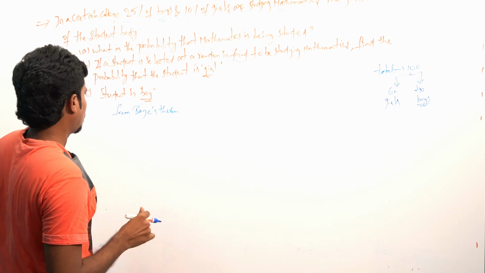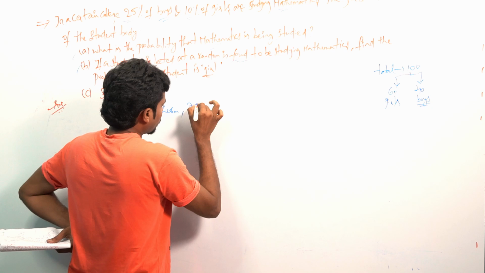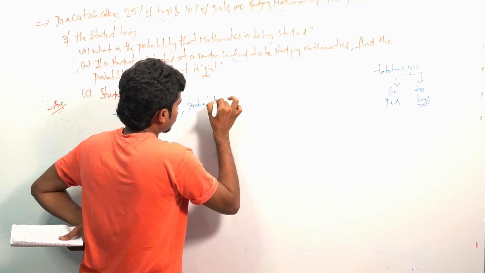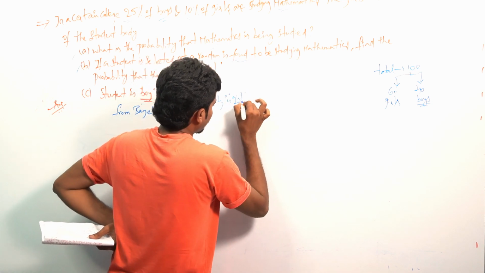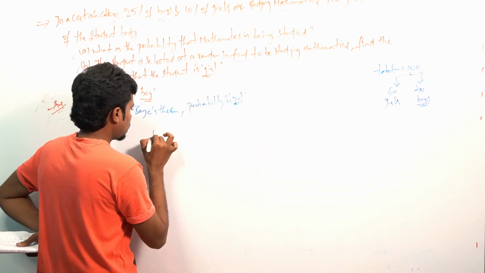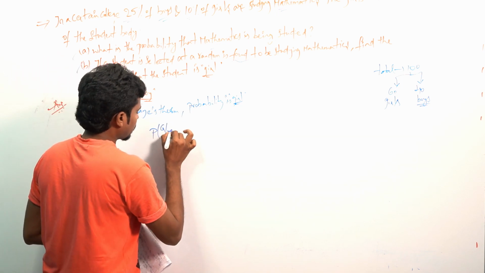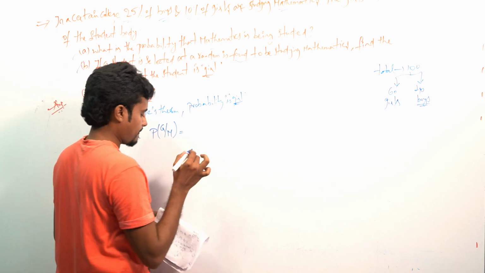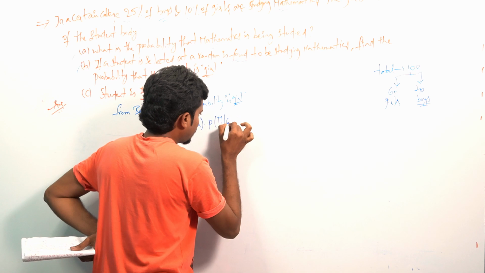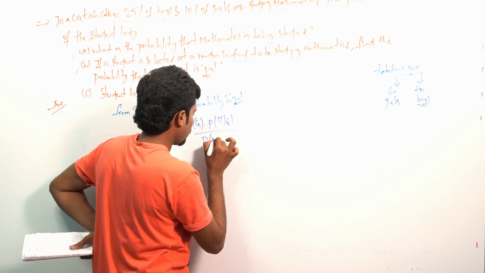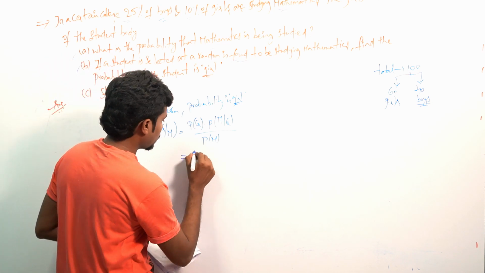Next, if I take the probability that the student is a girl, what will happen? This will be P of G by M, that will be equal to P of G into P of M divided by G, divided by P of M. So what will be the P of G value?